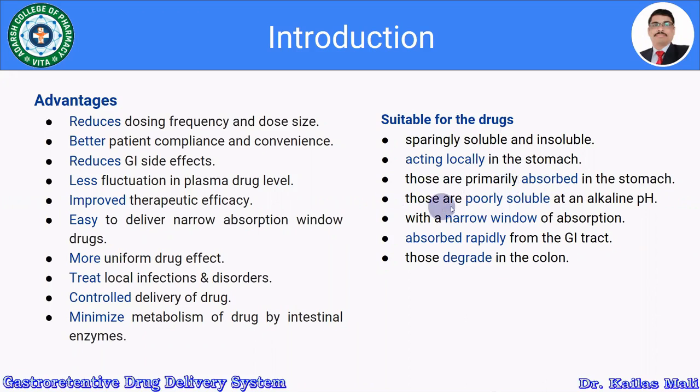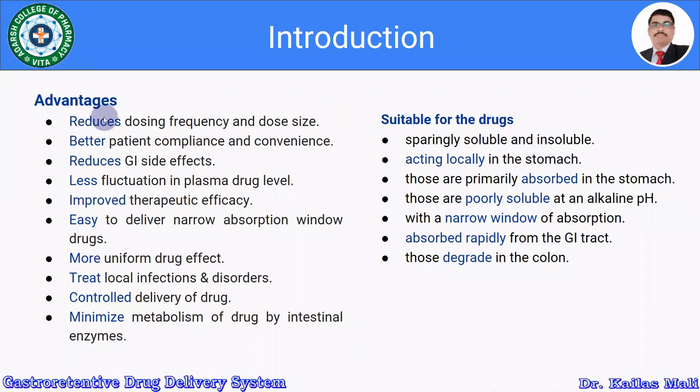The drugs which are poorly soluble at alkaline pH, then drugs which have a narrow window of absorption, the drugs which are absorbed rapidly from the gastrointestinal tract, and the drugs which degrade in the colon. So these are the certain advantages of the gastroretentive drug delivery system.